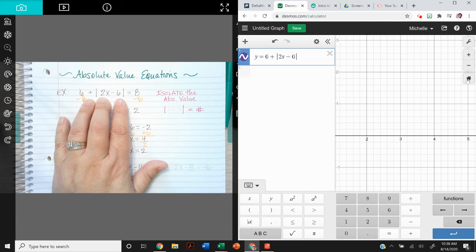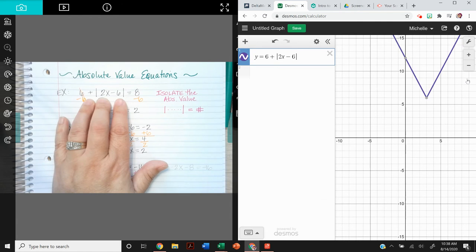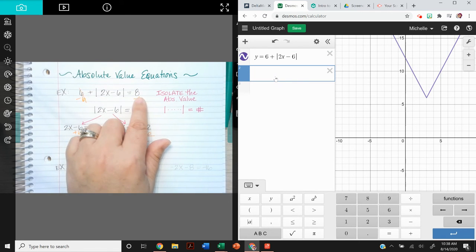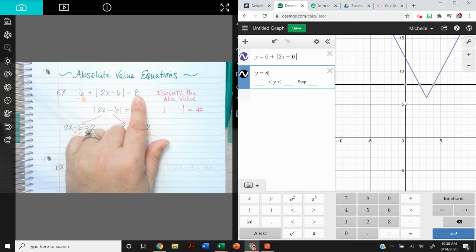All right, and now I'm going to click home. So what I have here is the graph of an absolute value. Now I'm going to go into Y2 and type in the right-hand side. Well, the right-hand side is just an 8. So y equals 8.